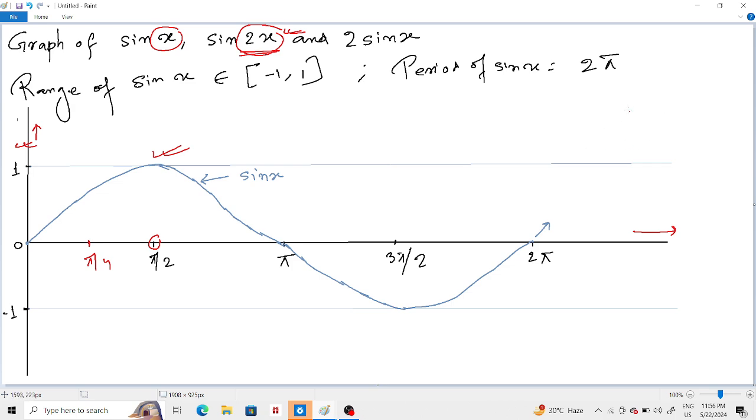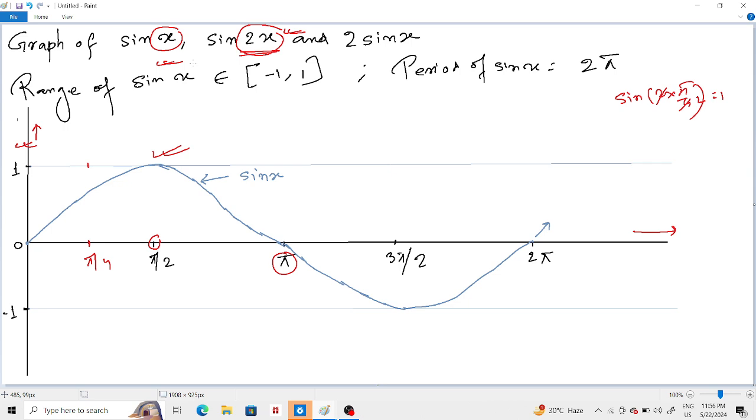If I put the value of x as pi by 4 into sine 2x, you will see we get sine pi by 2, which is 1. So at pi by 4, sine 2x is going to reach this 1. What about pi then? At pi, sine x reached 0.